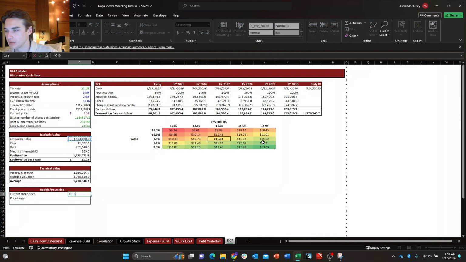So our current share price is going to be this number here. Our price target, the midpoint there.